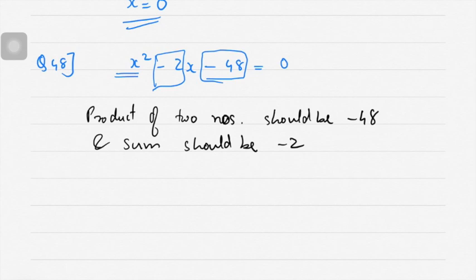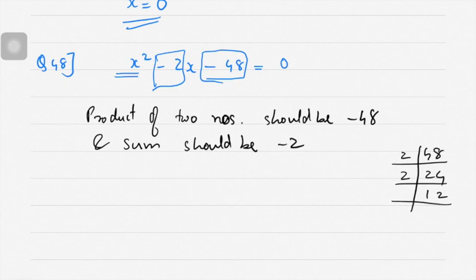So you need two numbers which add up to minus 2 and multiply to minus 48. What we'll do is factorize 48. 24 into 2 are factors, so 24 into 2 is 48, but 24 minus 2 is not 2, so you cannot take these numbers.